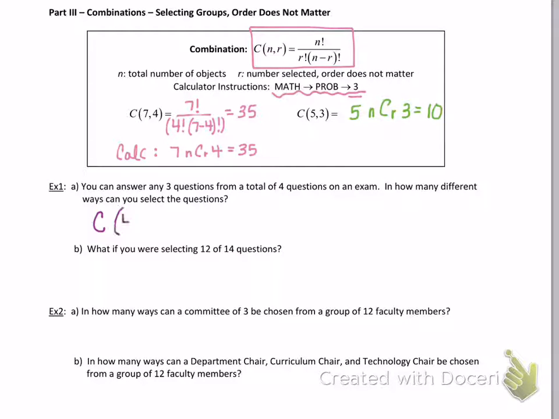So we're going to have 4 total, and we're going to choose 3. And when you plug this into the calculator, you get 4. What if you were selecting 12 of 14 questions? Same concept. 14, and you're choosing 12. After typing it in my calculator, I have 91 options.